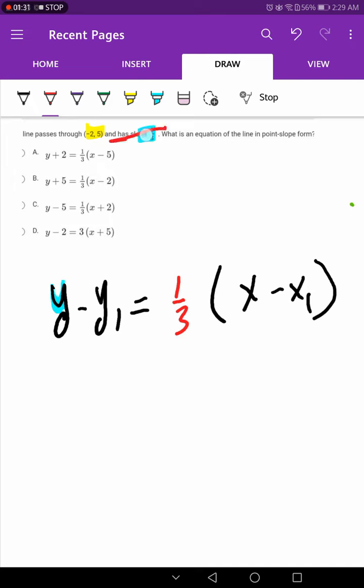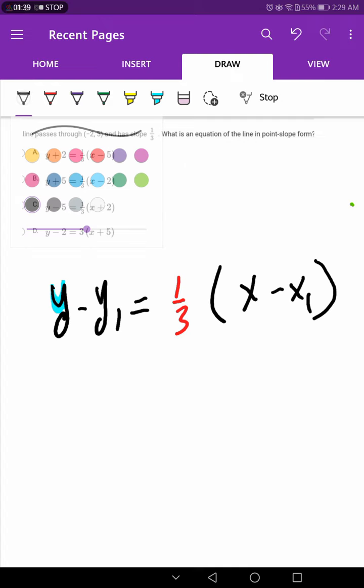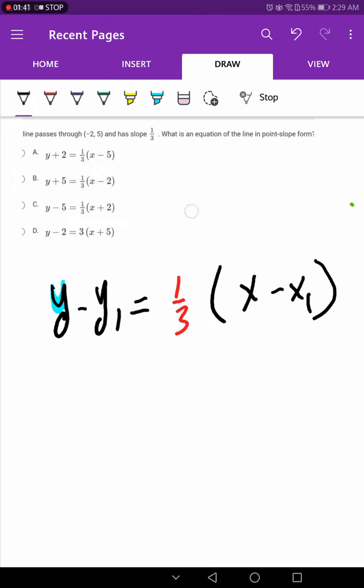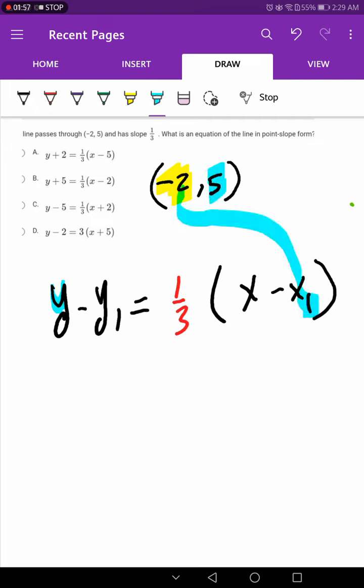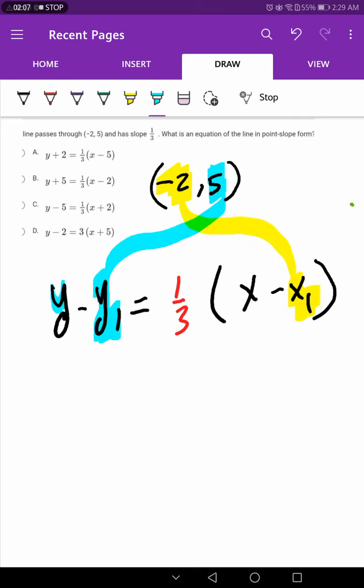And the point, you know, the point here, it is (-2, 5). As you know, this is x and this is y, so the x will come here, and the y will come here, and we are done.